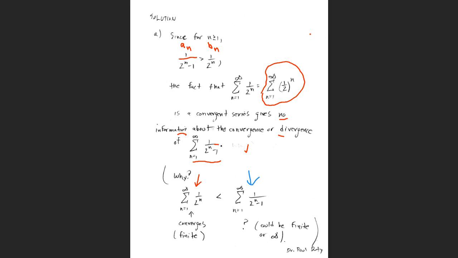So the geometric series has a finite sum, but our series has a larger sum, and we don't know if that sum is finite or infinite. It could be finite or it could be infinity. We don't know. So the comparison test fails in this problem. In other words, you can't establish convergence or divergence using the regular comparison test.